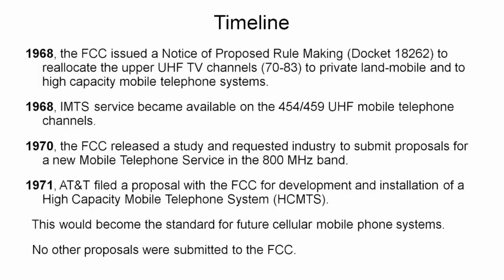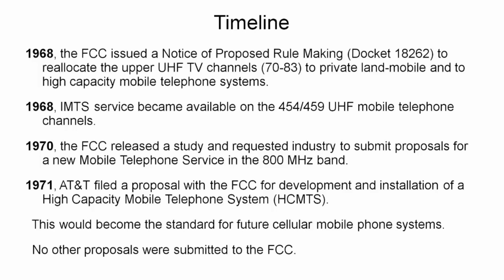In 1968, the FCC issued a notice of proposed rulemaking, docket 18262, to reallocate the upper UHF TV channels, 70 to 83, to private land mobile and high-capacity mobile telephone systems. Also in 1968, IMTS service became available on the UHF mobile telephone channels.